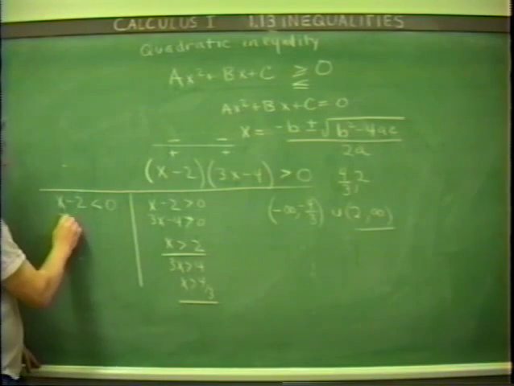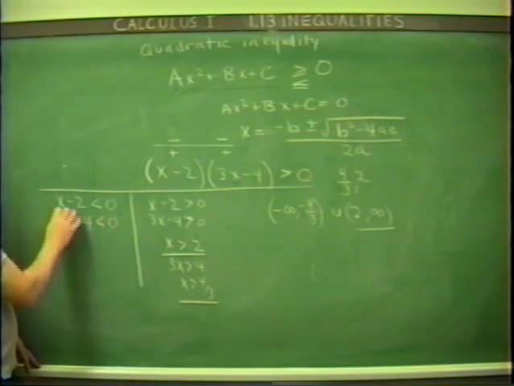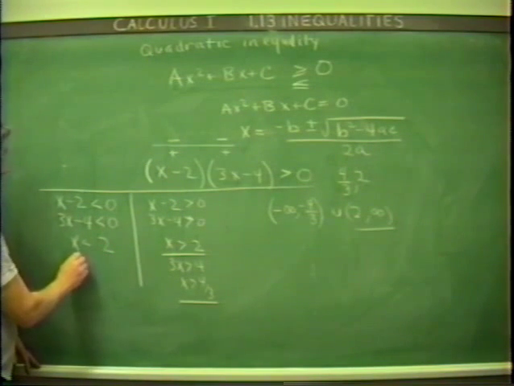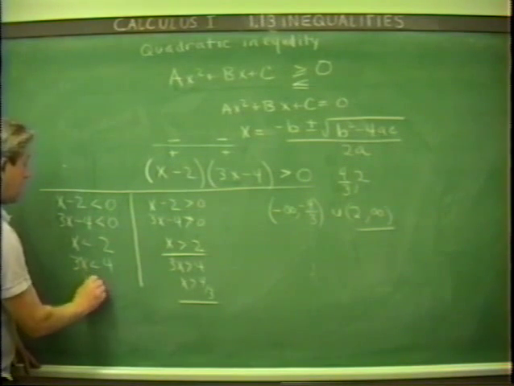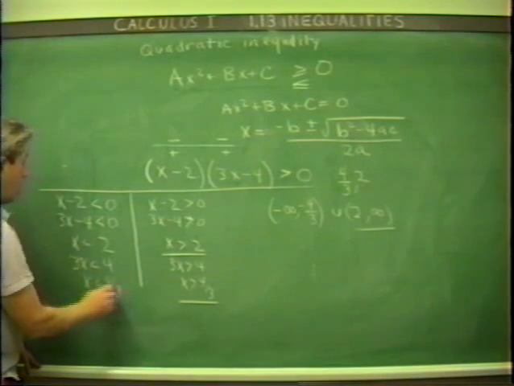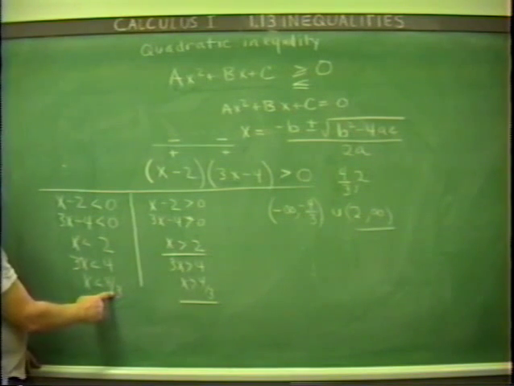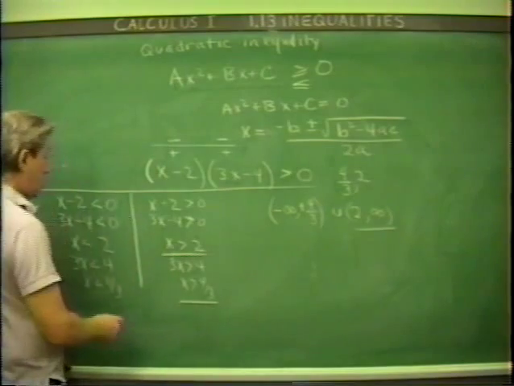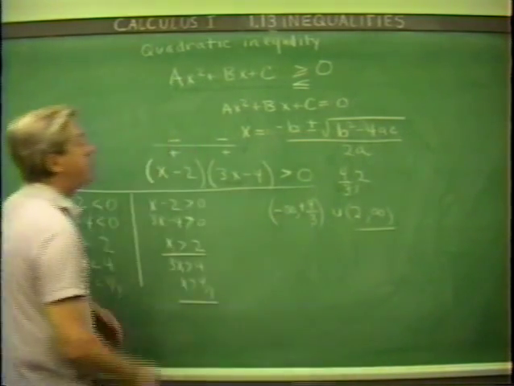The other possibility is that x minus 2 be negative and 3x minus 4 be negative. In that case, x is less than 2, and 3x is less than 4, so x is less than 4/3. x is going to be less than 2 and less than 4/3 when it's less than 4/3.